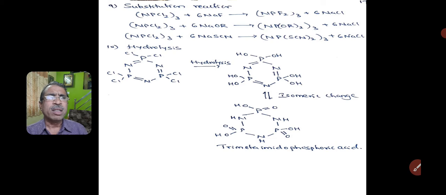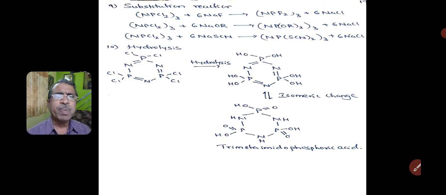When the phosphonitrile chloride trimer is treated with sodium alkoxide or aryl oxide, the Cl is replaced by alkoxy or aryloxy groups. When the same trimer is treated with sodium thiocyanate, the Cl is replaced by the thiocyanate group.